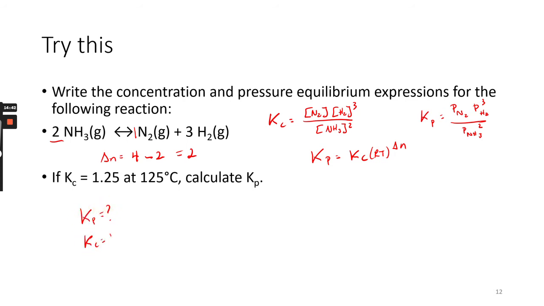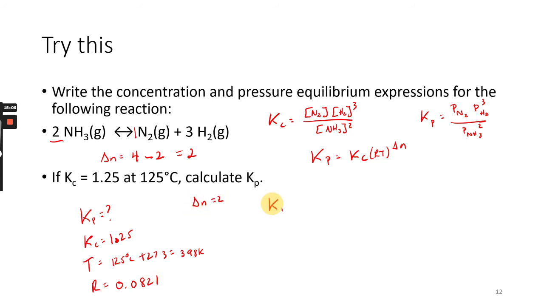I know Kc is 1.25. T is 125, but that's in Celsius, so to convert it to Kelvin, it is 398 Kelvin. Okay, R is 0.0821, and our delta n that we calculated is 2.